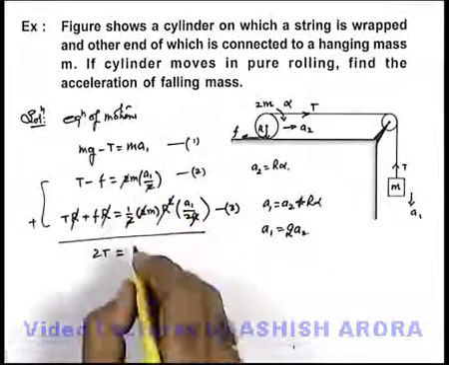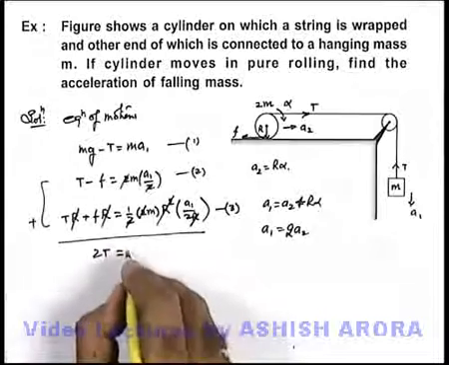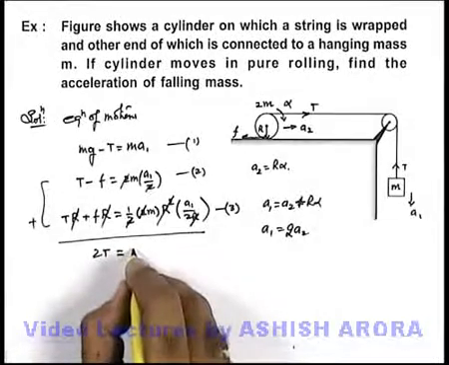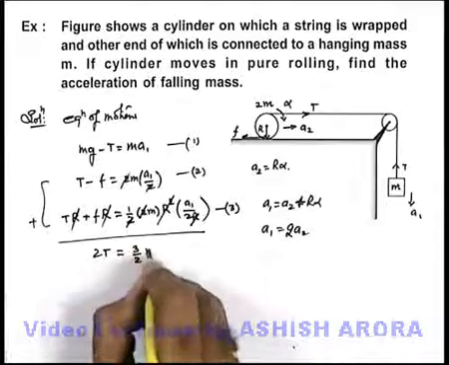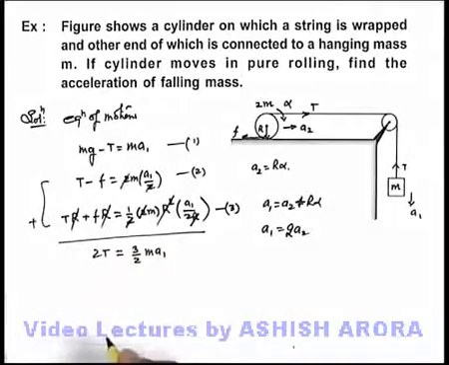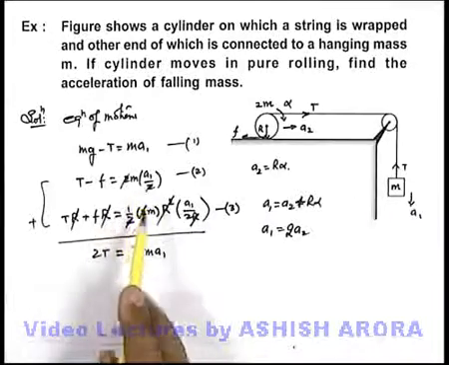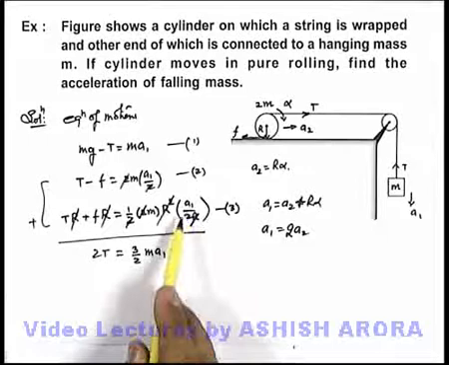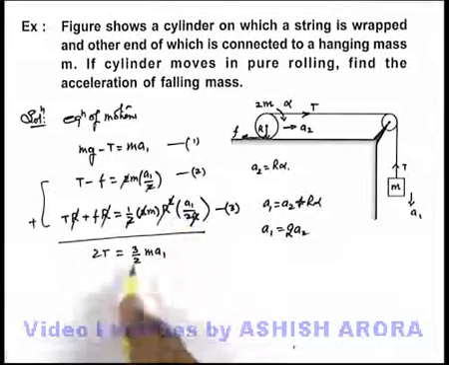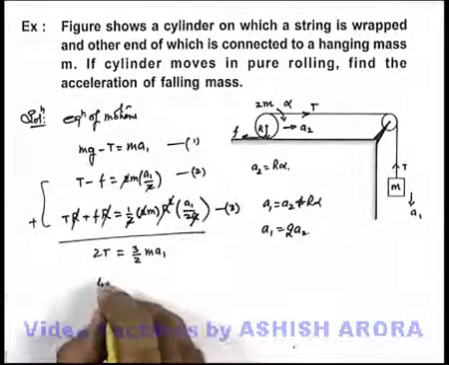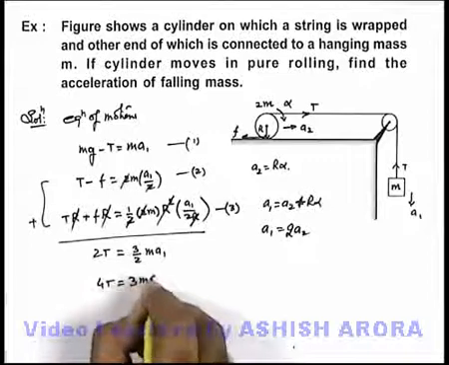So, this can be written as 2T is equal to 3 by 2 m a1. So, this gives us 4T is equal to 3 m a1.